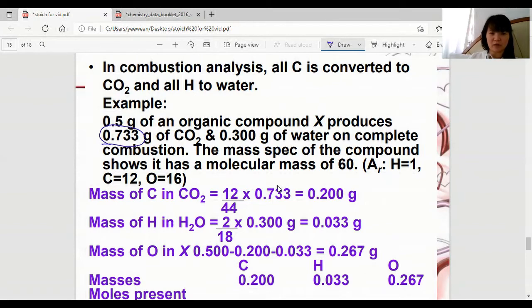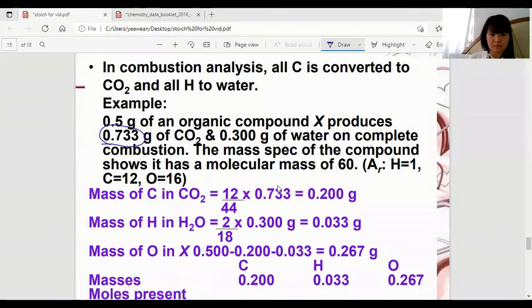So we can get the moles of carbon dioxide here. The moles of carbon dioxide would be the same moles of carbon. And there's 0.3 grams of water. That will be equivalent to half the moles of hydrogen atoms in this organic compound.